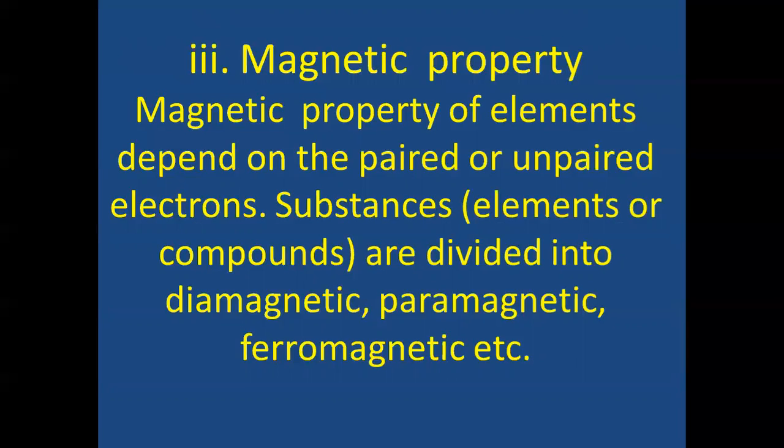That means the magnetic moment produced by one electron will be cancelled by the magnetic moment of the other electron. Right? Because the value will be the same, but their sign will be different. If you consider +2 and -2, the sum of these two will be 0. In the same way, the magnetic moments are equal but with opposite signs. When we add, the resultant of these two magnetic moments is 0.